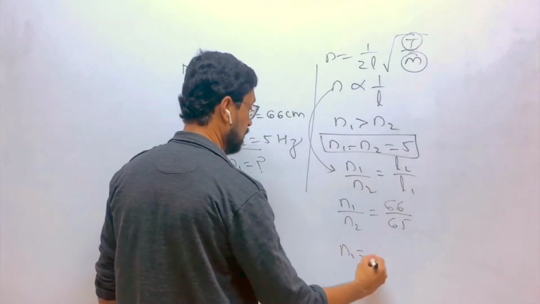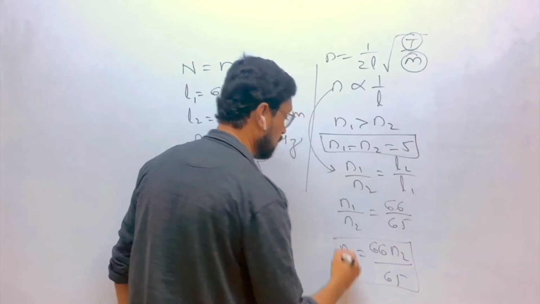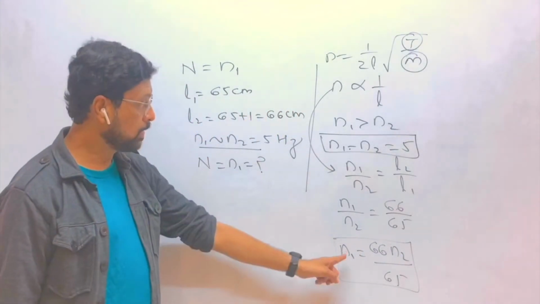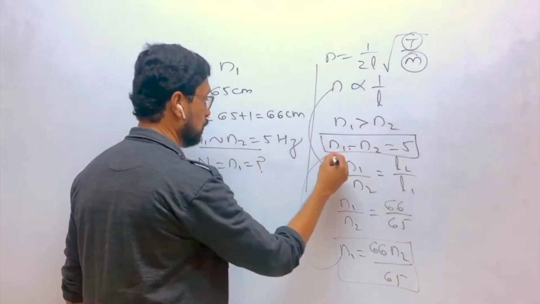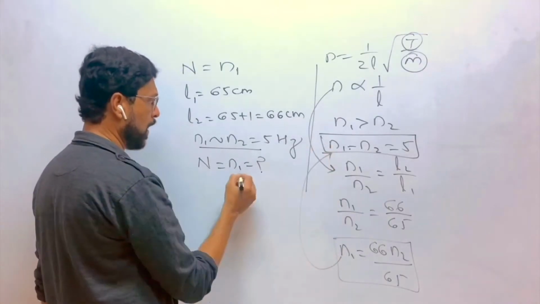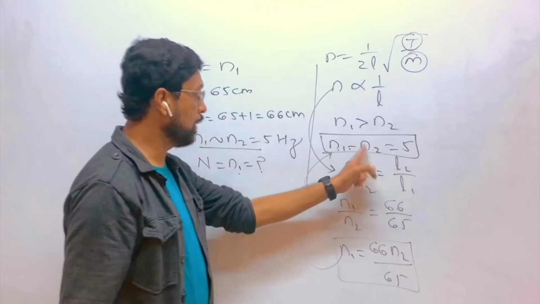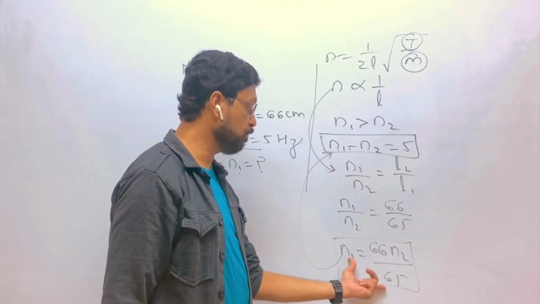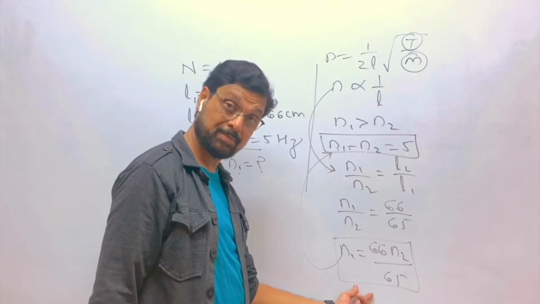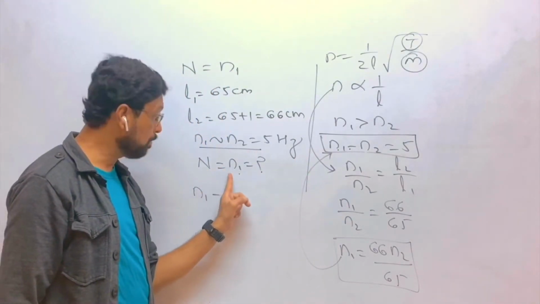So N1 is equal to 66 N2 upon 65. This value of N1 you put here. We have to find N1, so keep N1 as it is. In place of N2 we will write 65 N1 upon 66, because we have to find N1, the frequency of the fork.